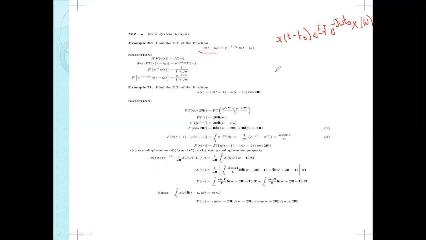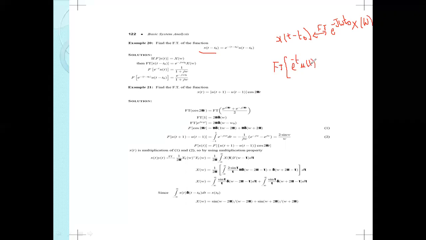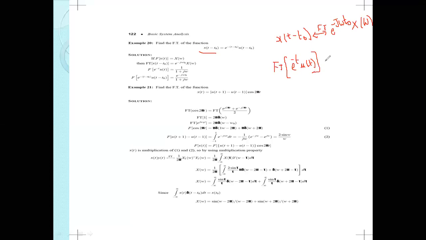Okay, the given function is x of t minus t naught, and we know the Fourier transformation of e power minus t mu of t. Actually, a is there: the Fourier transformation of e power minus a t mu of t is 1 by a plus j omega.